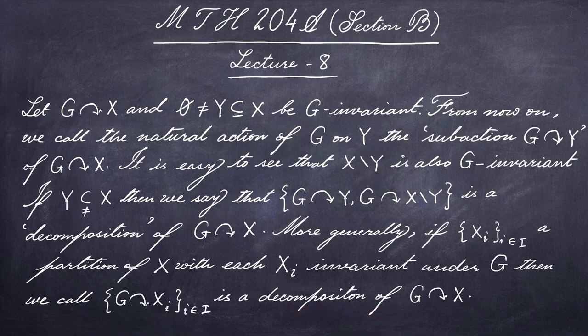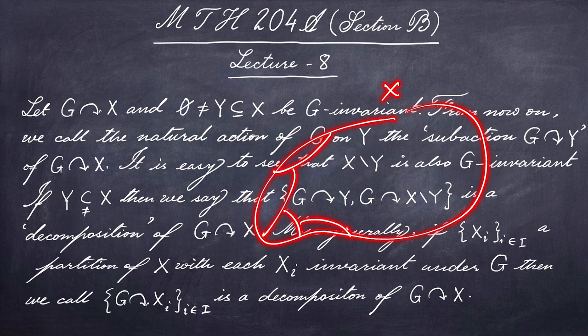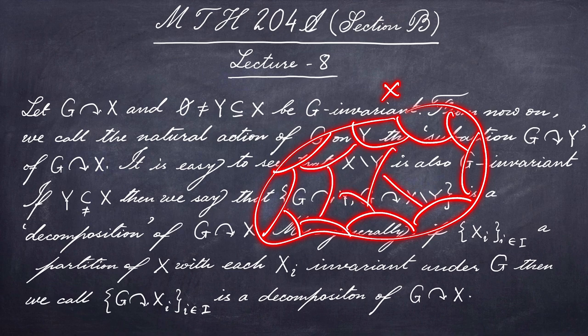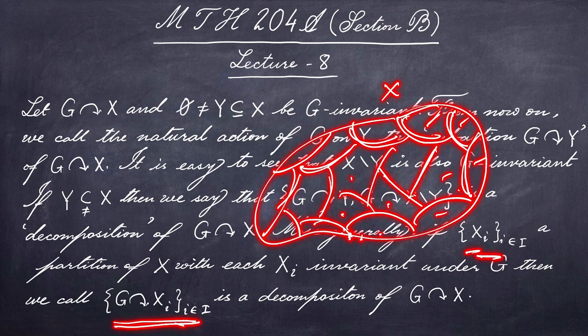So the situation here is as follows: we are given a collection of subsets which form a partition, and each of them is invariant under G. Therefore, the entire action has now been split into the family of subactions on these pieces.